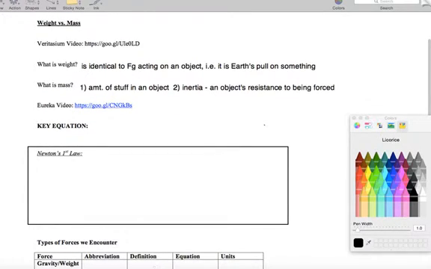And we're able to put all these ideas together. One last idea I wanted to put here is our key equation, which is that the force of gravity acting on an object is totally identical to its weight. That's not really an equation, that's just an equivalence, but I just wanted to write that down.